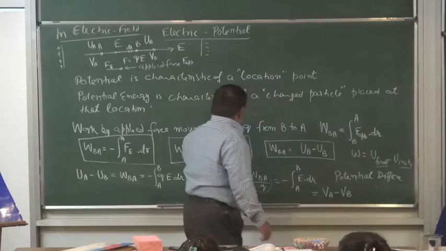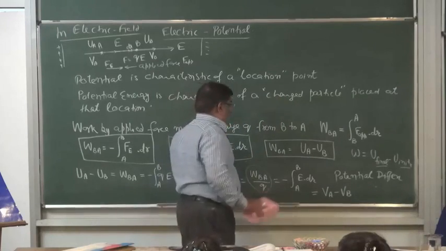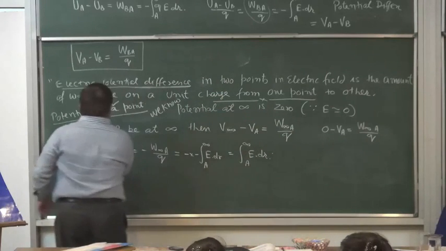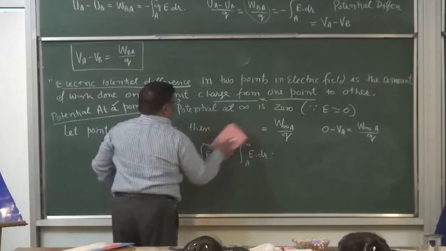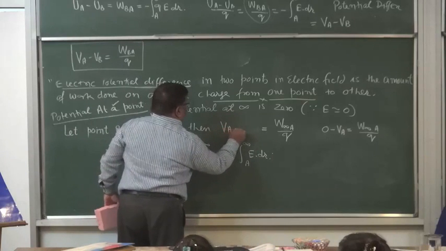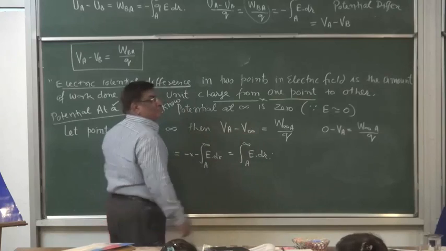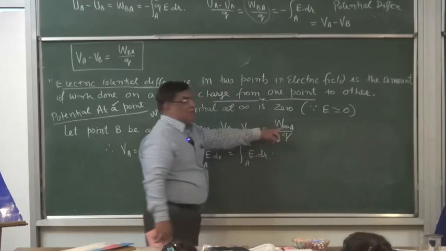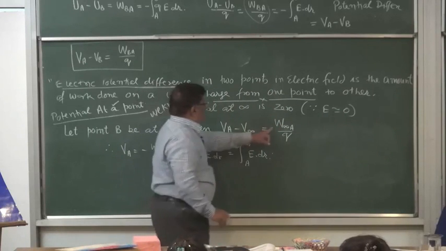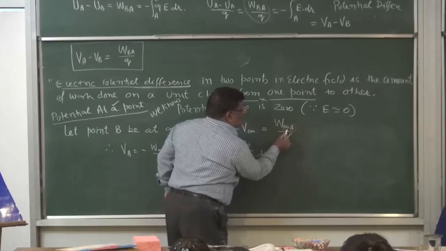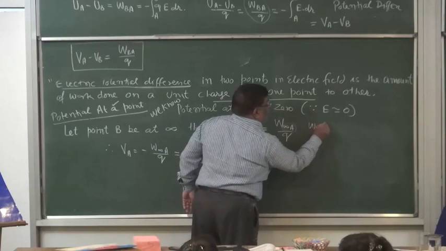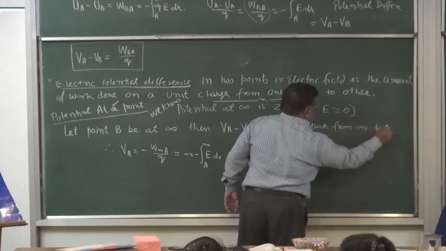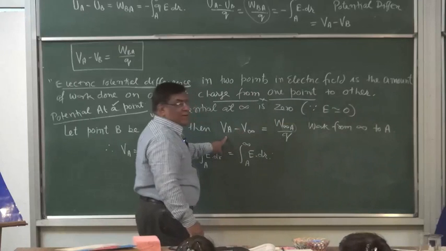Understand? Now let the point B be at infinity. Then VA minus V infinity is work done from infinity to A. What does this mean?